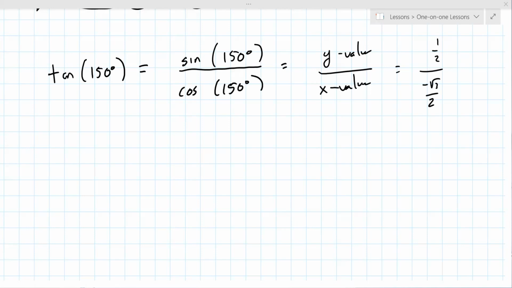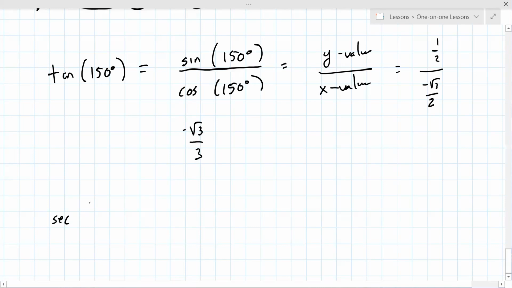It is negative 1 over root 3, and you have to be able to reduce that. Then rationalizing, it's negative root 3 over 3. Yes. We will discuss a shortcut to this, but we have to get there.